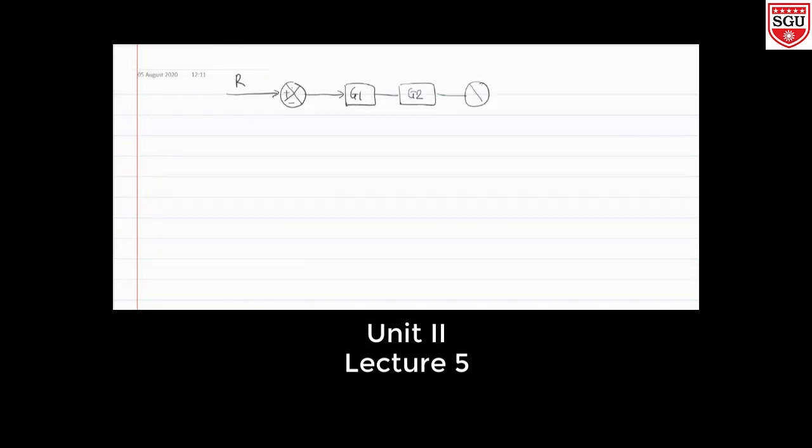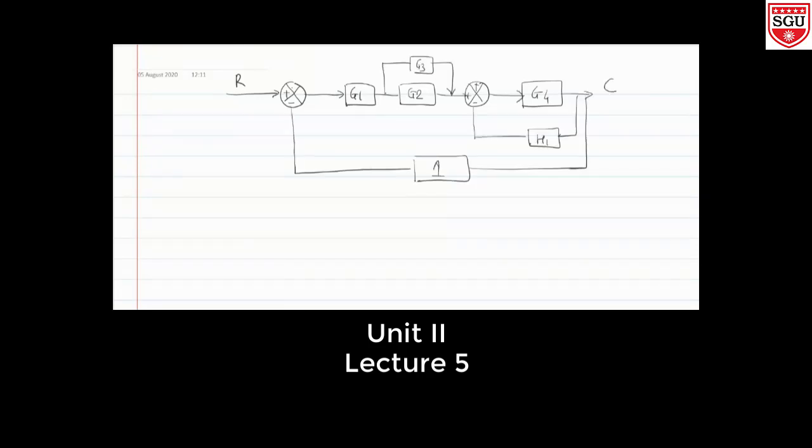It is assumed that they are there. We are only writing G1, G2 like that. Now this is the problem which we have to reduce, by elimination, to simplify the diagram.